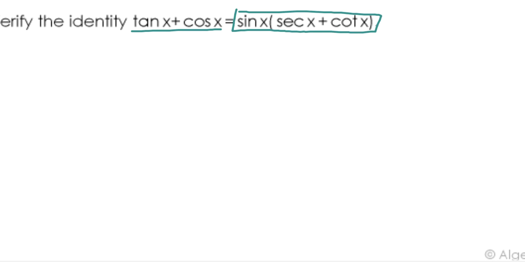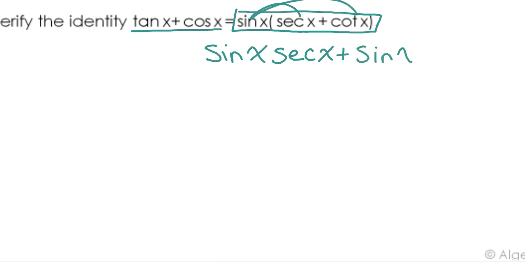So what I see here is a monomial being multiplied into a binomial. So I'm going to distribute this, and I am going to get the sine of x secant x plus sine of x times cotangent of x. So I've distributed there. And now, again, I'm looking to simplify things so that they are in the same trig function.